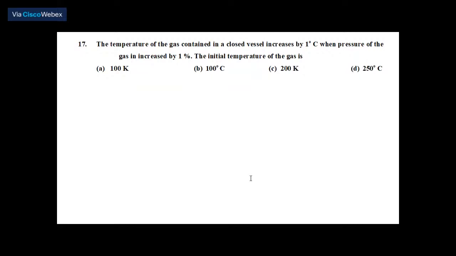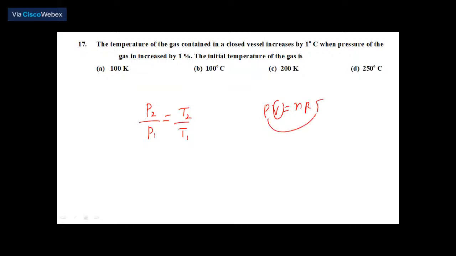Here it is given that the temperature of the gas contained in a closed vessel increases. Since it is a closed vessel, volume remains constant. Since volume remains constant, we can write P2 divided by P1 is equal to T2 divided by T1. Because from the ideal gas equation, we have learned that PV is equal to nRT. When V is a constant, P and T are directly proportional.